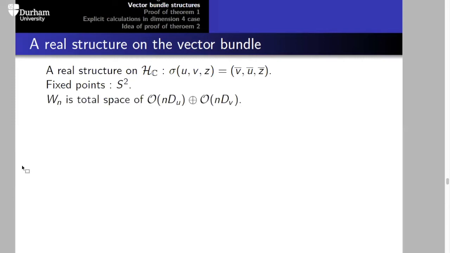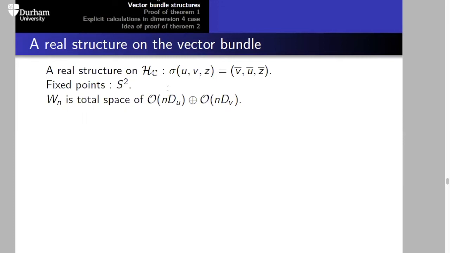Now, Wn is the total space of, I said it was O(n du) plus O(minus n du), but that's the same thing as O(n du) plus O(n dv). Now, if I look at sigma and I take the pullback on O(du), I get O(dv). If I take the pullback on O(dv), I get O(du).